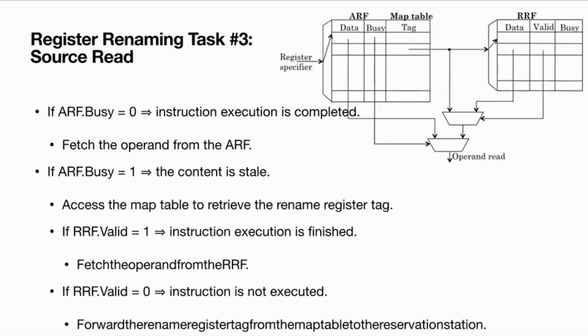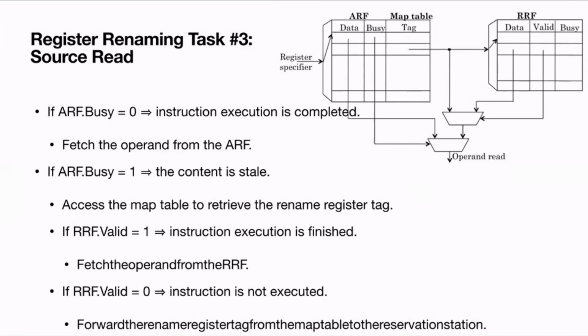So if the ARF busy bit is 1, that means the content in the data field of the ARF is stale. So now we have to access the map table, take the tag, and go to the RRF, and from there we see whether the valid bit of that particular entry is 1 or 0.